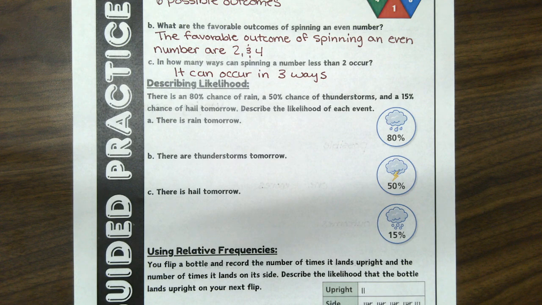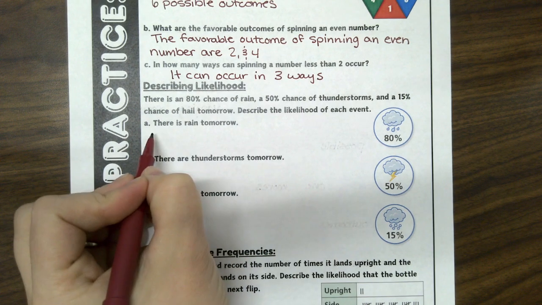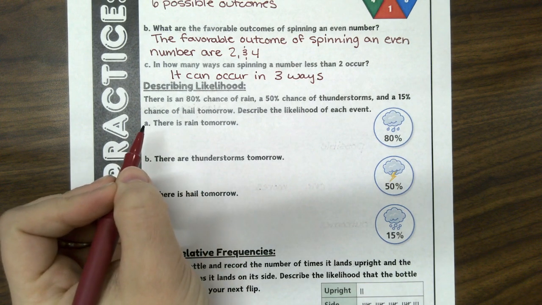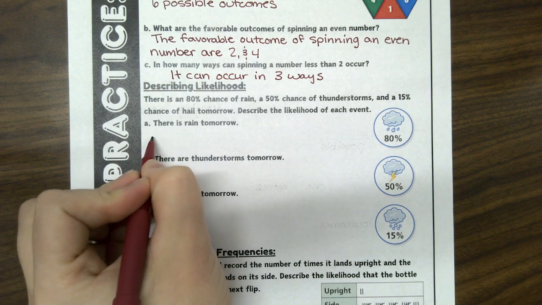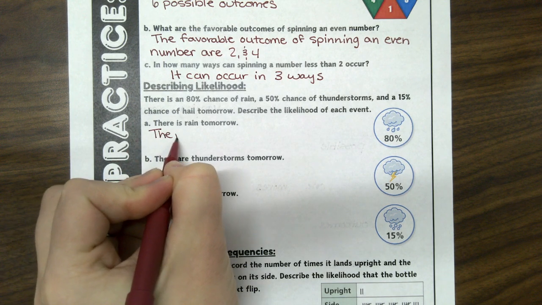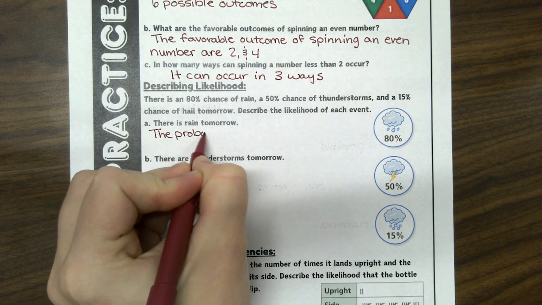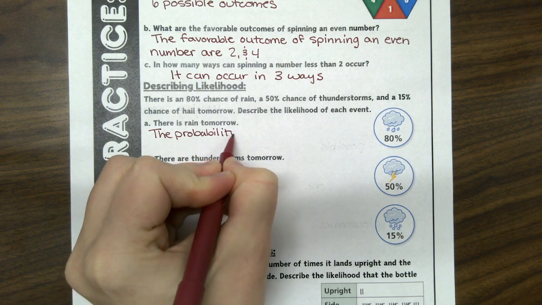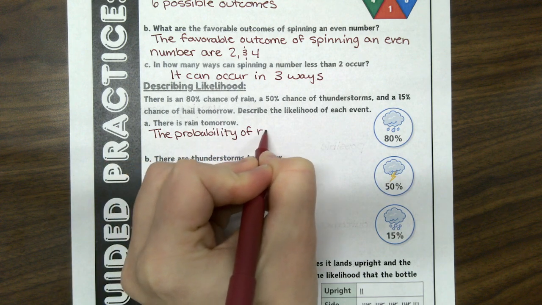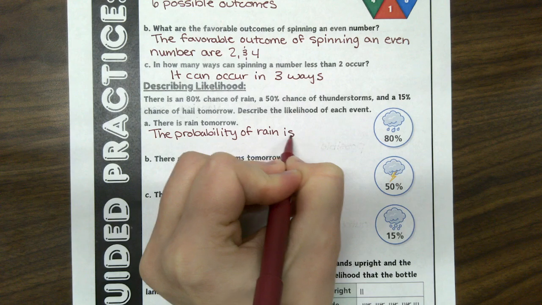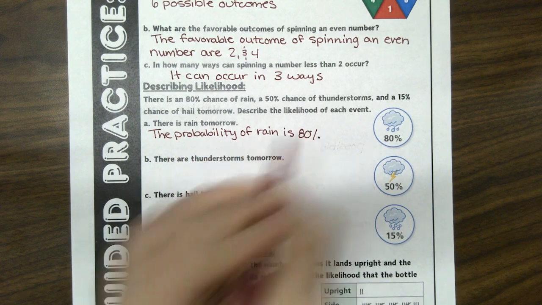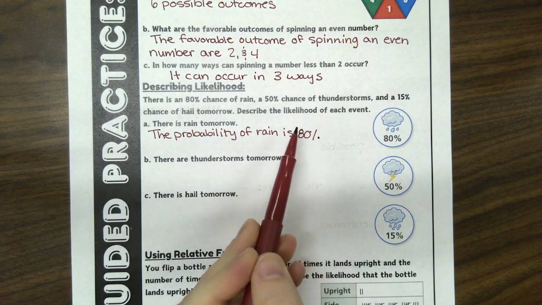So there is rain tomorrow. We would say the probability of rain tomorrow is 80%.